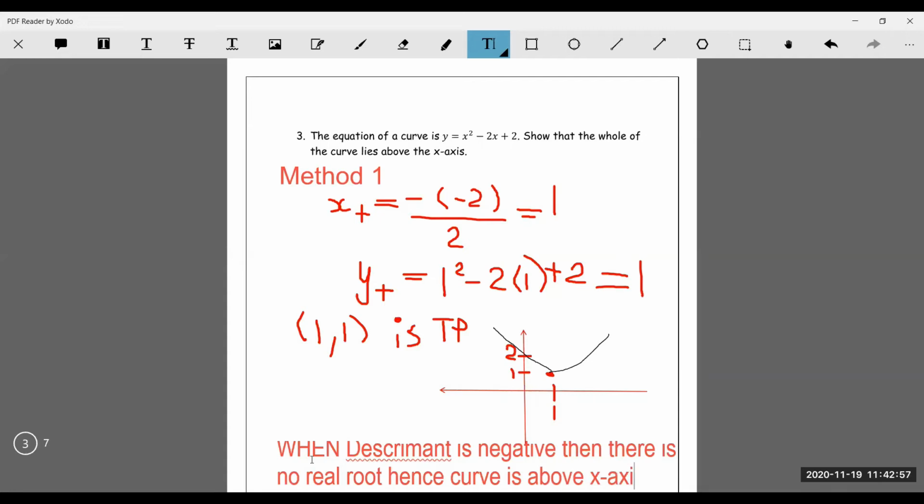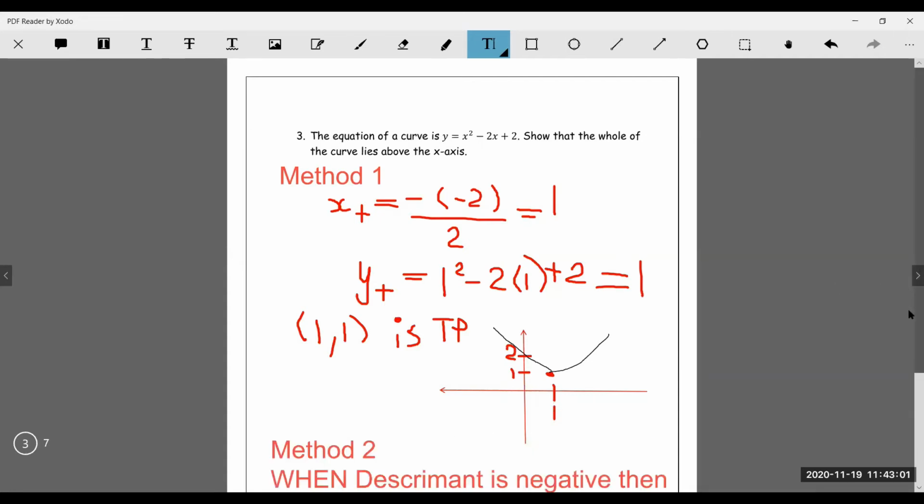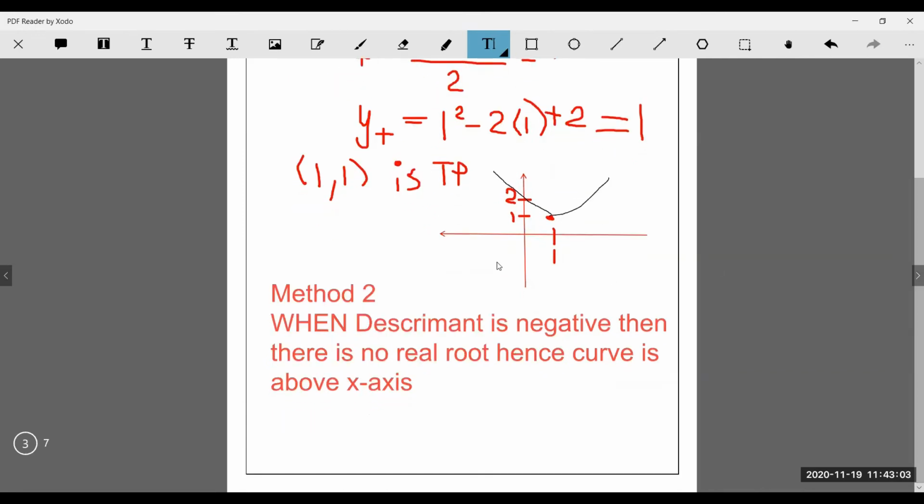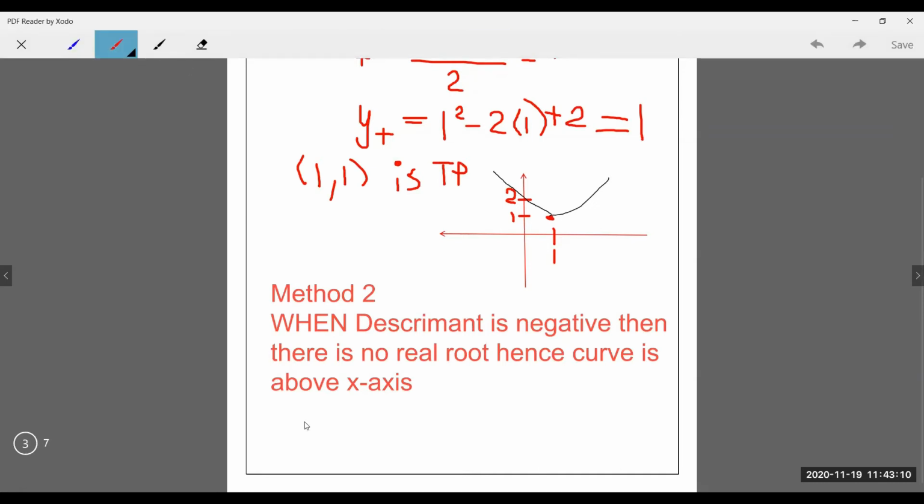So this is what we're going to have to show. Let's work out the discriminant. The discriminant is b squared minus 4ac. If this discriminant is negative, then we can say the curve is completely above the x-axis.